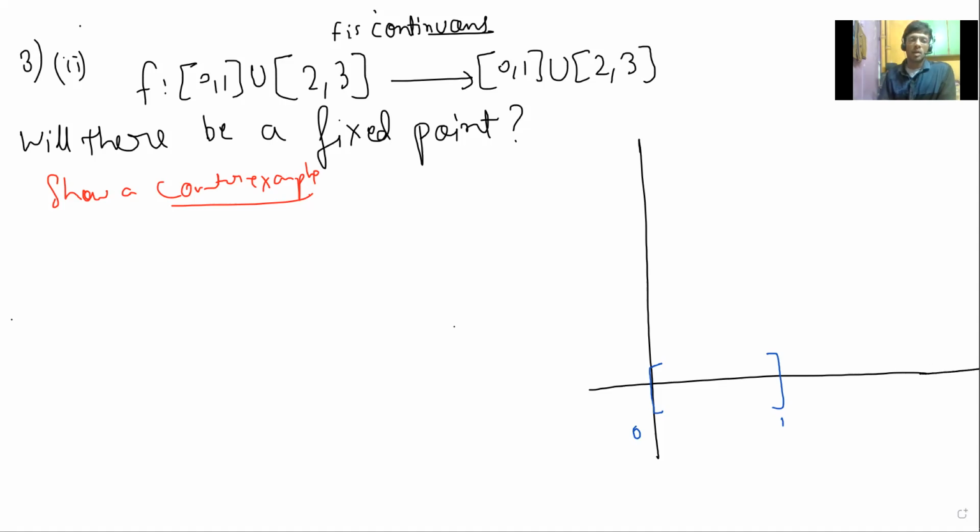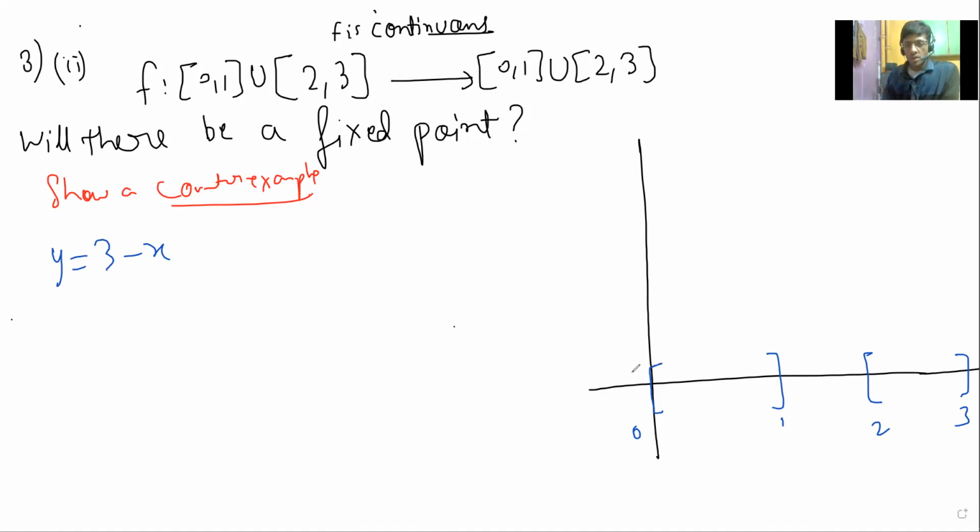Y equal to 3 minus x. Okay, let me see. So this is 2 and 3. So you're saying y equal to 3 minus x. Okay. Yeah, it's a very smart example. So he's basically exchanging the intervals, right?